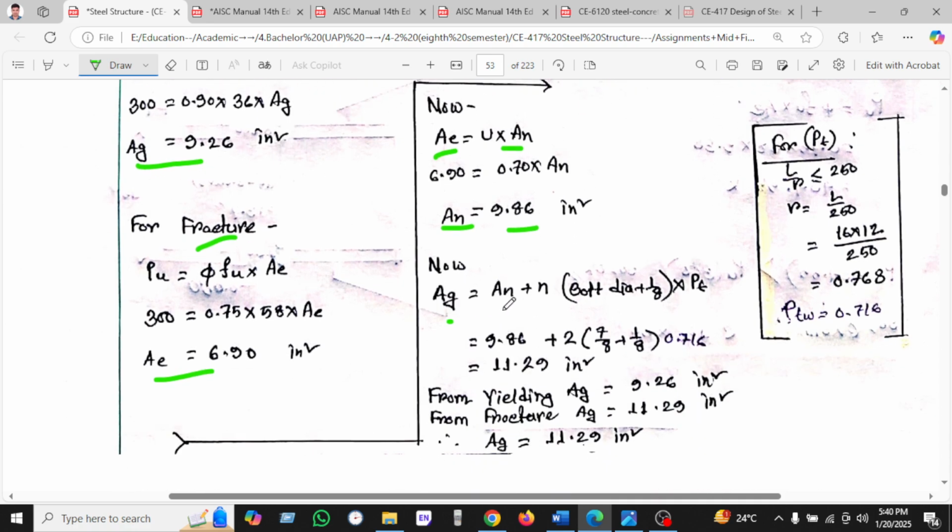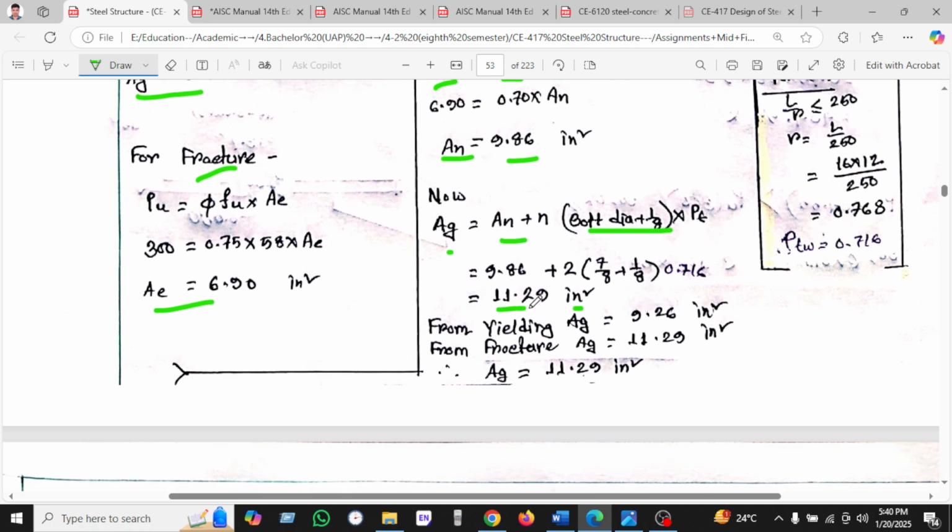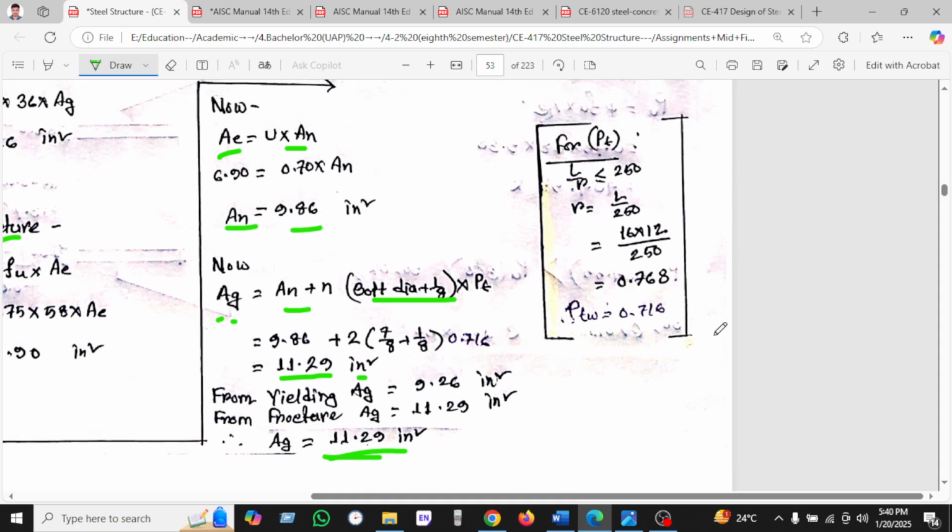Now AG equal to n into bolt into diameter, putting all these values and found 11.29 inches square. So we have found two AG values, 9.26 and 11.29, but we will use the bigger value, which is 11.29.